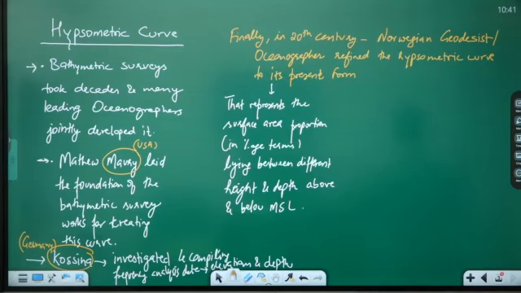Everyone okay with this? Above and below this MSL.